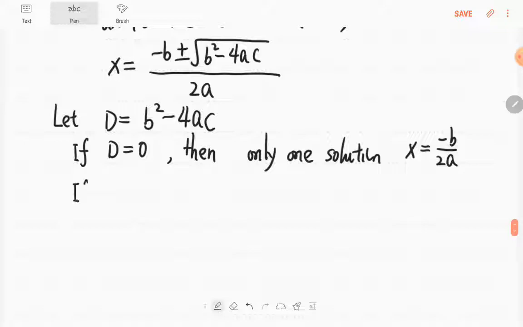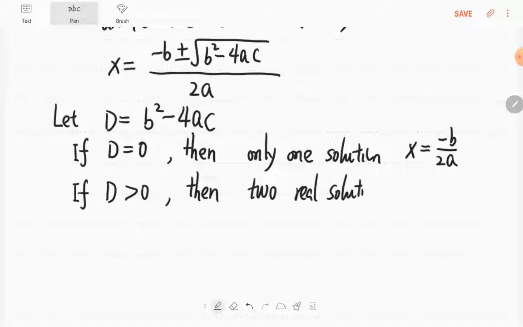If d is greater than 0, then we have two real solutions, and these two are given by this formula.